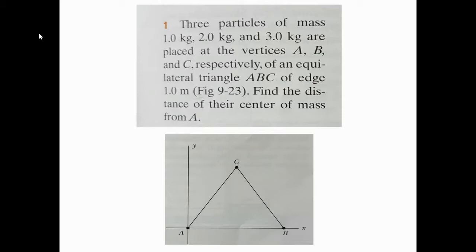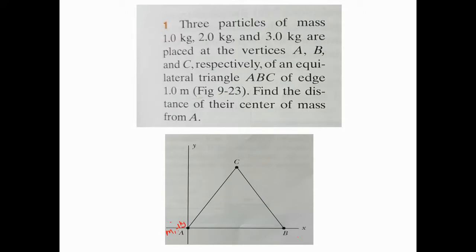So read the question. 3 particles of mass 1 kilogram, 2 kilogram and 3 kilogram are placed at the vertices A, B, and C respectively. That means you have 3 masses. You are placing these 3 masses at 3 locations A, B, C. So if you see the picture, my first mass, I place it here at A, which is 1 kilogram.